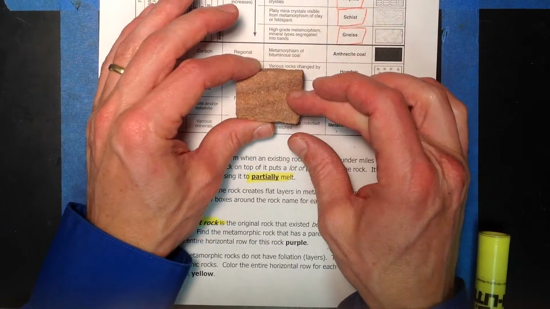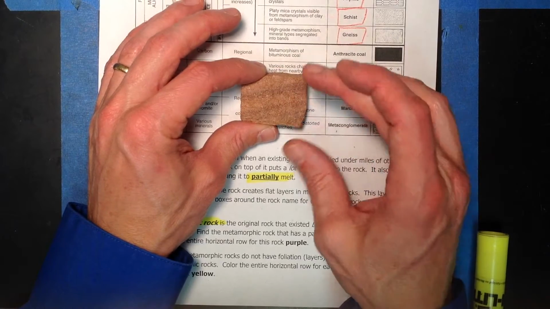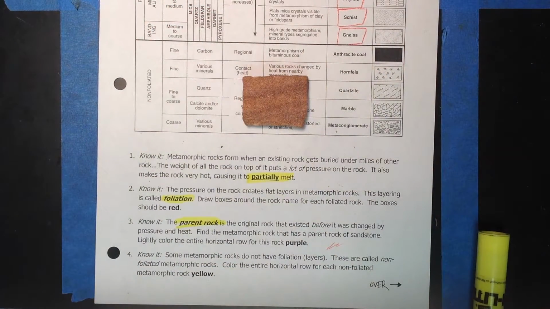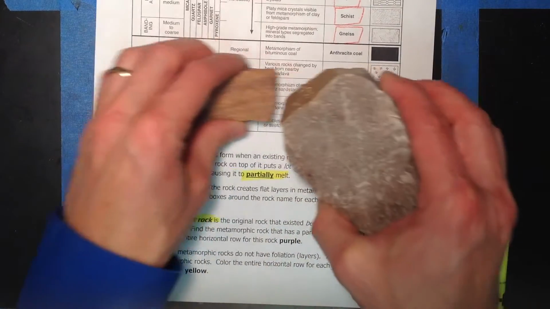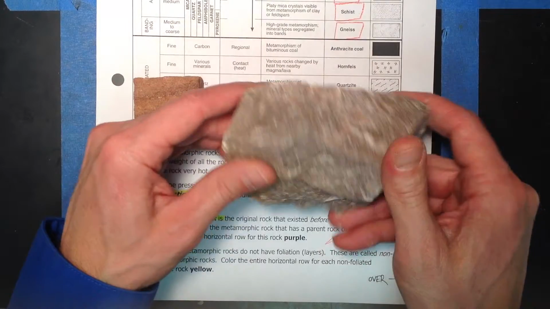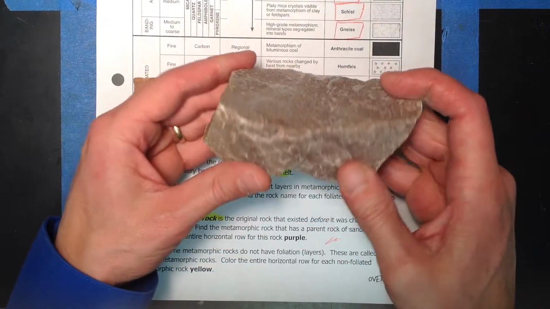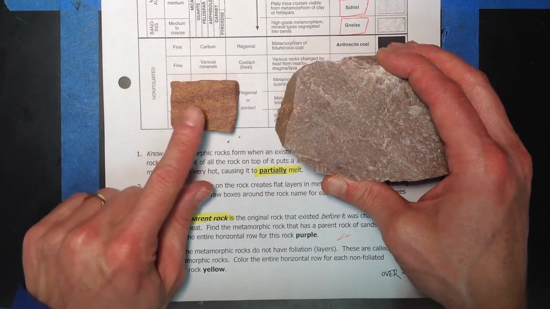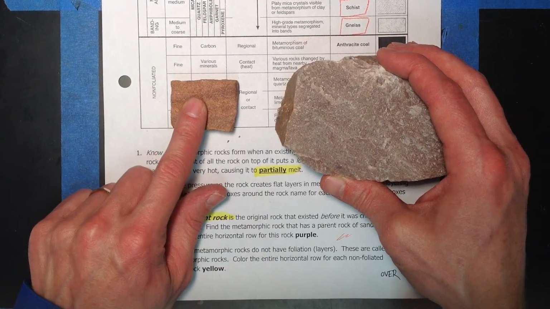Now, if this was to get buried and partially melted, the sand grains will kind of melt together, and you will end up with this. The metamorphic rock would be called quartzite, and it was partially melted. This is a metamorphic rock, and in this case, it started out as this. This is the parent rock.